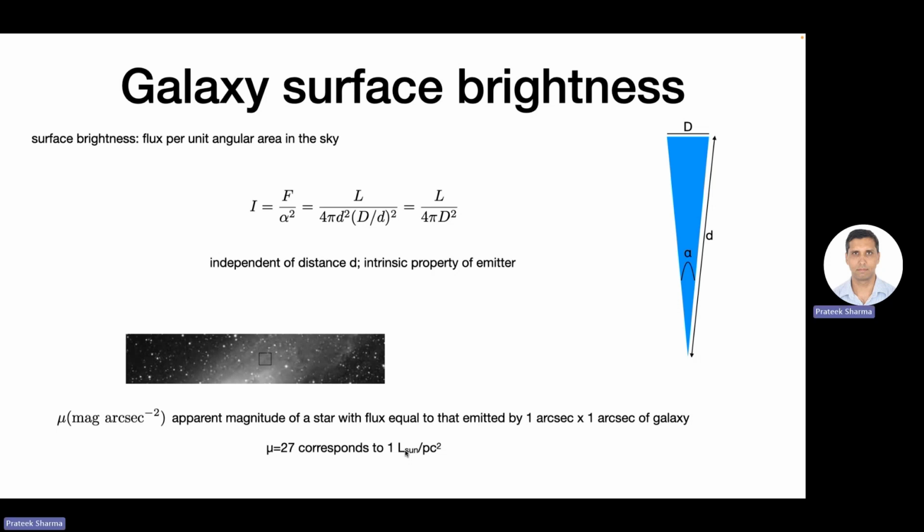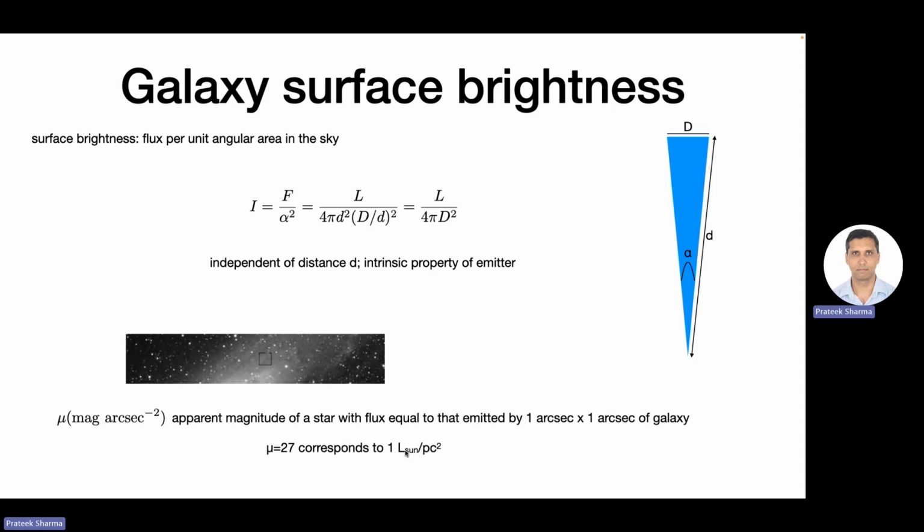Of course the elliptical galaxies are brighter in the red or infrared bands compared to the blue bands. So brighter means lower value of surface brightness. In our band, it can be like 16 instead of 17 or 18 magnitude per arcsecond squared. 16 is smaller, but it corresponds to larger surface brightness.